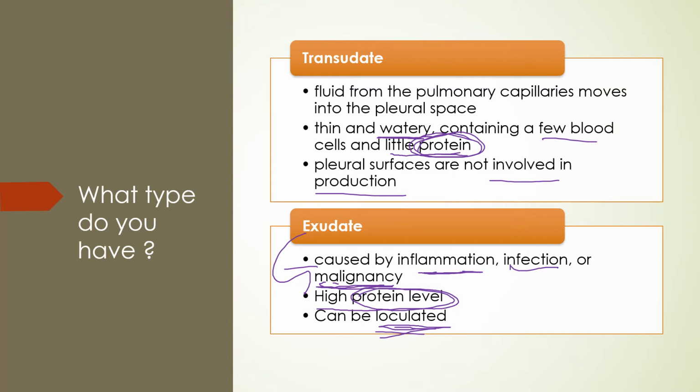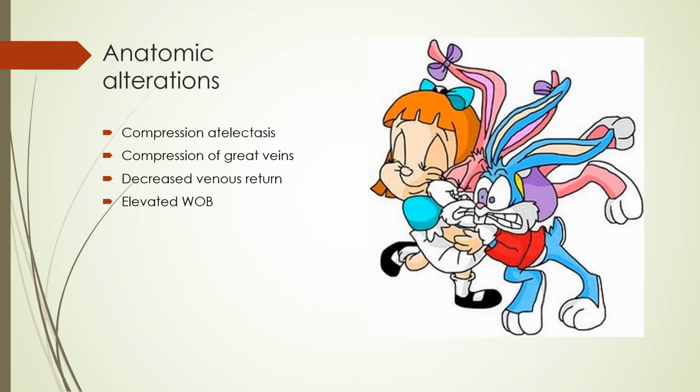If I sit a person up, then that fluid's going to fall down to the bases and be taken to that area of gravity, right? It's going to move around. With exudative, if I have it at my base and I lay that person down on the right side, it's not going to move. It's still going to be at the base.